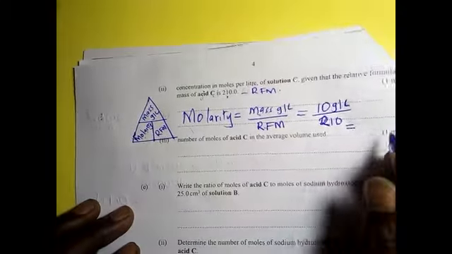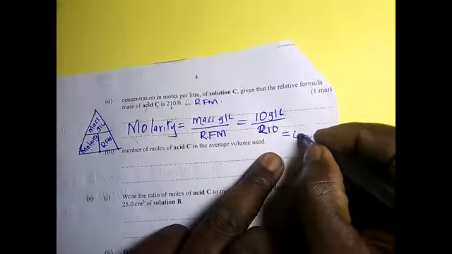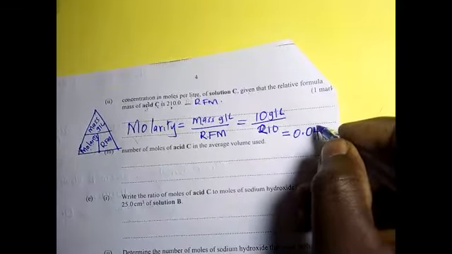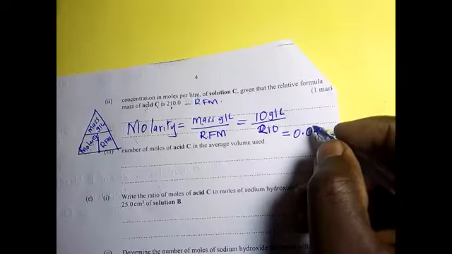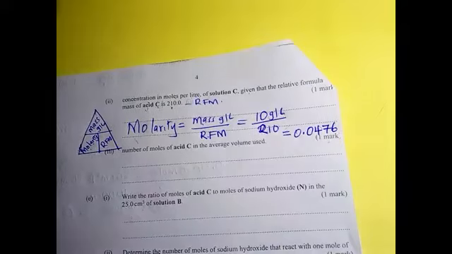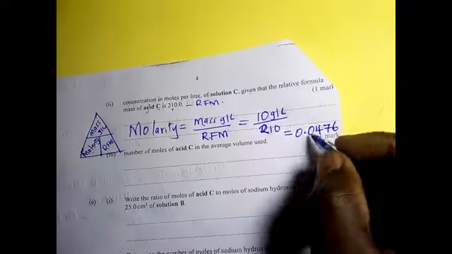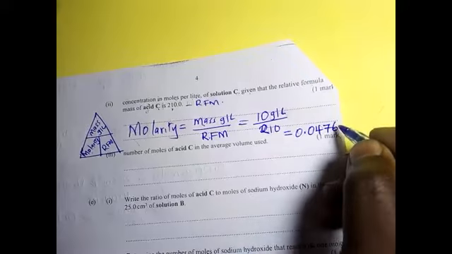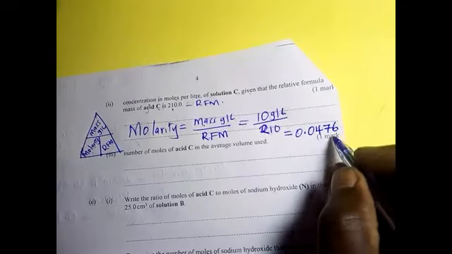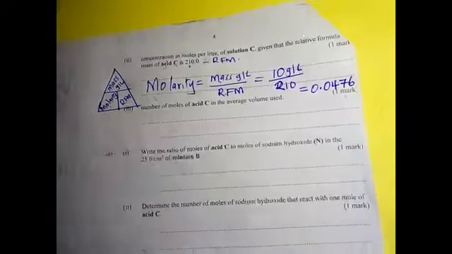Now this one gives you 0.0476. This is the molarity. Therefore, you can leave it like that or put capital M. Capital M stands for molarity.